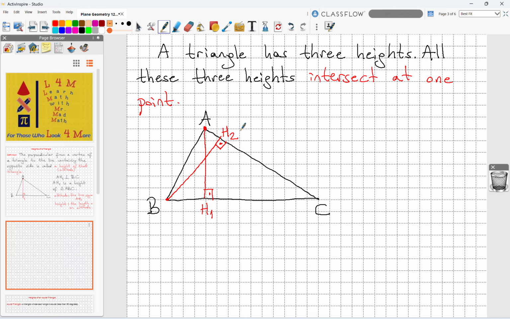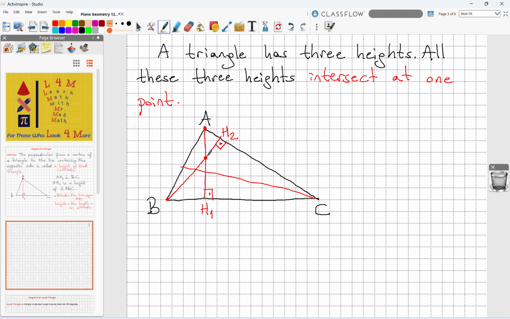Okay, when you draw these two heights, you see that they intersect at one point. But when you draw the third height, it's interesting that the third height drawn from vertex C to the opposite side AB also passes through this point. For example, it does not pass like that.